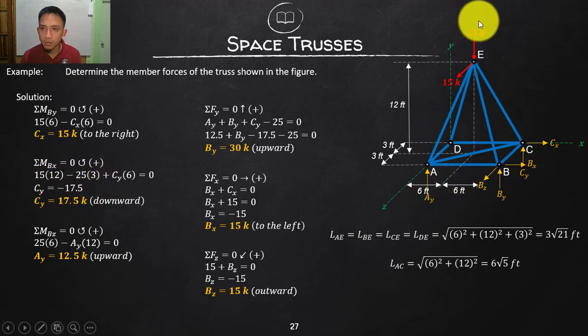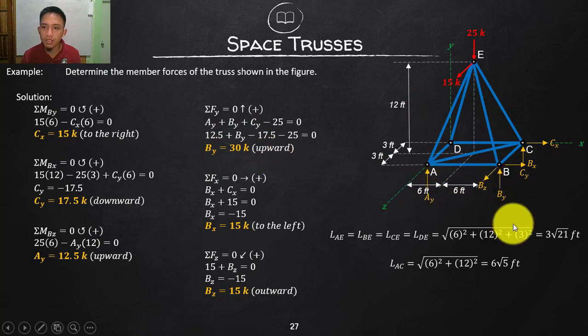Okay, and then 25 is the only going down. So that is my equation. Substitute the values of what we know. AY is positive, going up, 12.5. CY is negative. Why? Because it is supposed to be going down. And of course, your negative 25, simple algebra, you will have a positive 30, which means it is still upward.